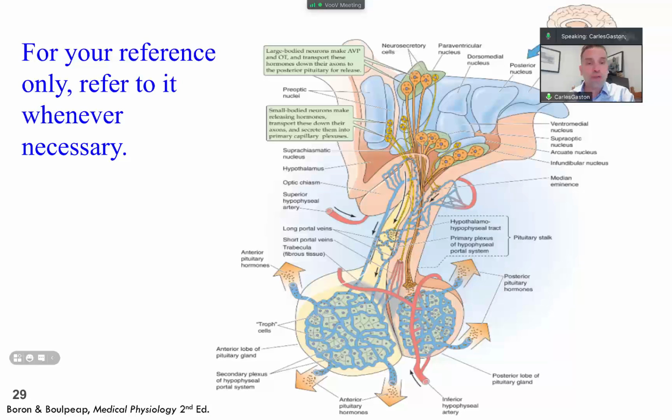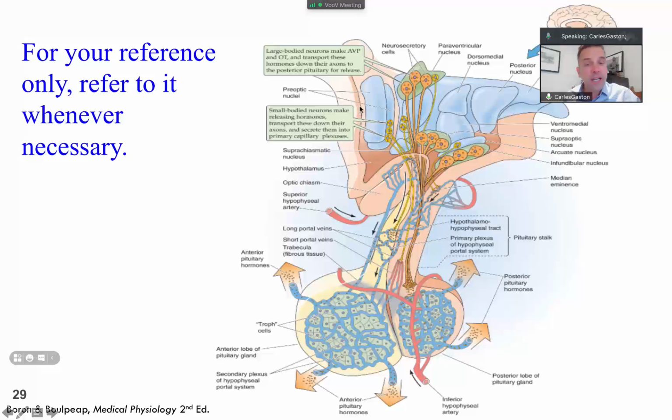This is also for your reference, and again it is a bit more intricate, but you can keep it for your studies. It shows a drawing of everything we have covered in this first lecture, which is the hypothalamic nuclei. From anterior to posterior, the hypothalamic nuclei have different names.